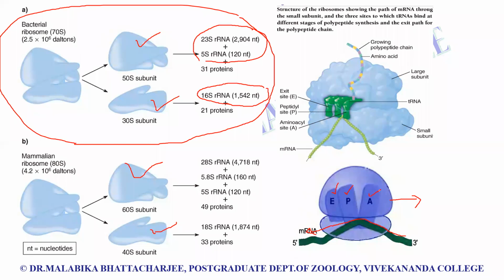The A site is the site where an incoming amino acid tRNA binds. A fresh new amino acid tRNA comes and binds here based on the codons present here, okay? We have the P site where the tRNA is carrying the growing polypeptide chain. We'll be getting into details of these sites later on.